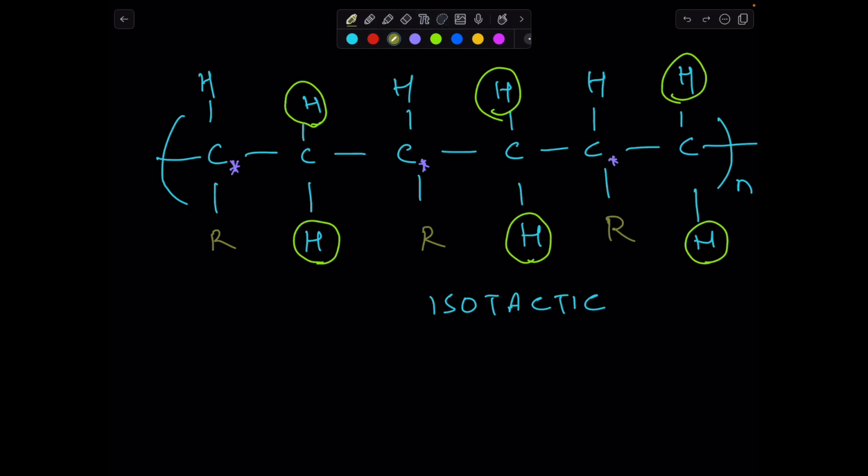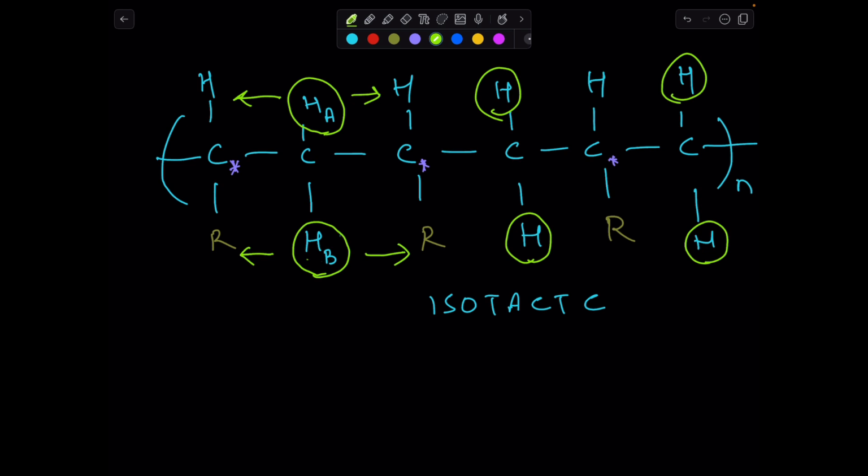If we call them hydrogen A and hydrogen B, then hydrogen B is in an environment between two alkyl groups, and hydrogen A is in an environment with two hydrogens nearby.